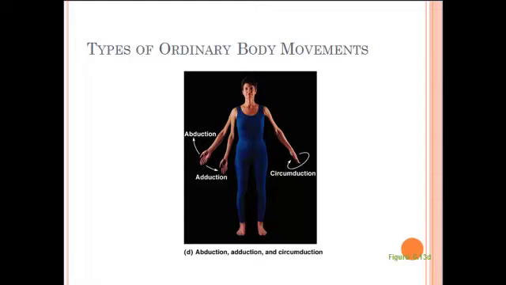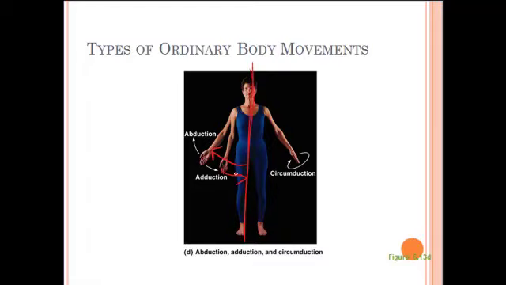But here's another couple that do. This is abduction and adduction. Abduction means that you're moving a limb away from the midline of the body. So here's our midline. If we draw a line straight down through this lady here, as you're moving away from that midline, we call that abduction. If you're moving back towards that midline, that's adduction. We also have what's called circumduction.